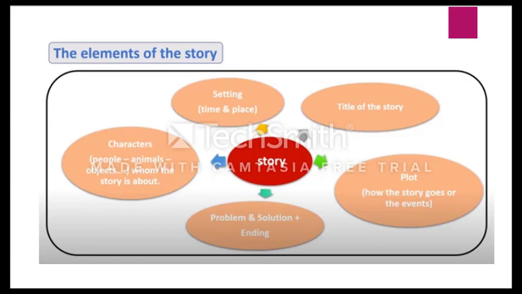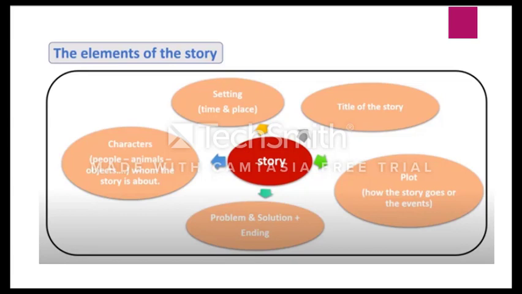The third step is the characters. The characters can be people, animals, objects. Yes, the characters are whom the story is about.